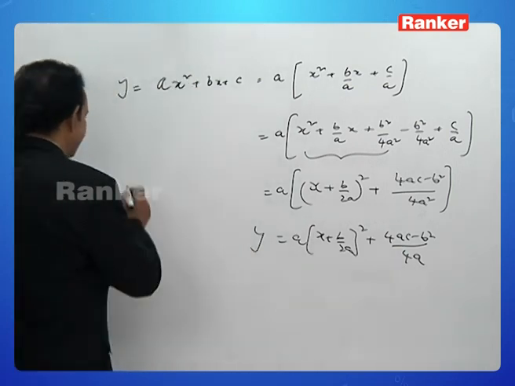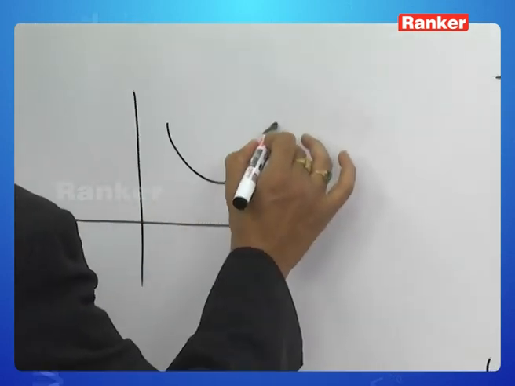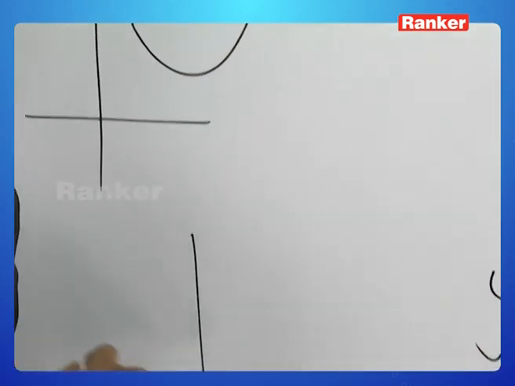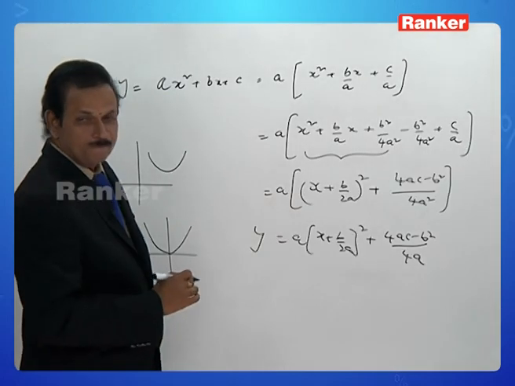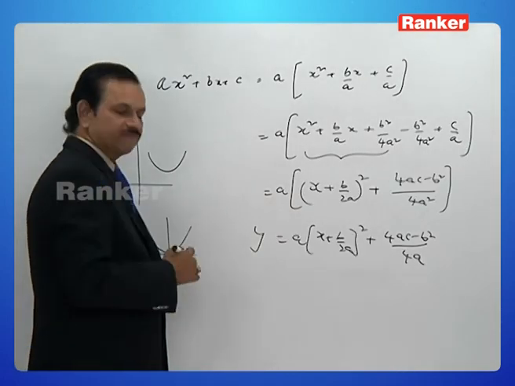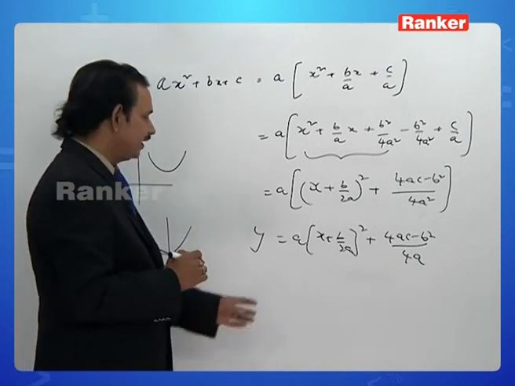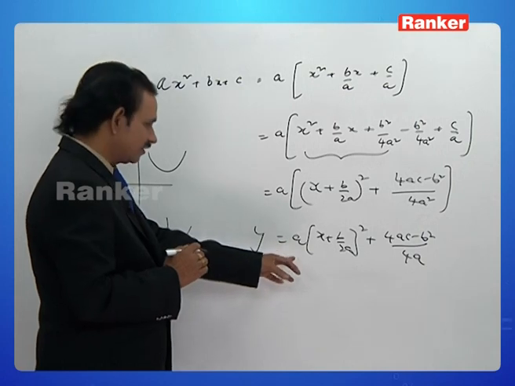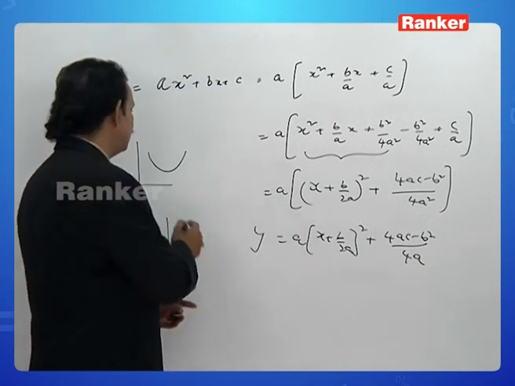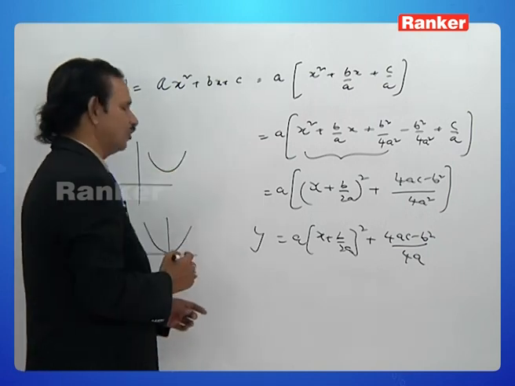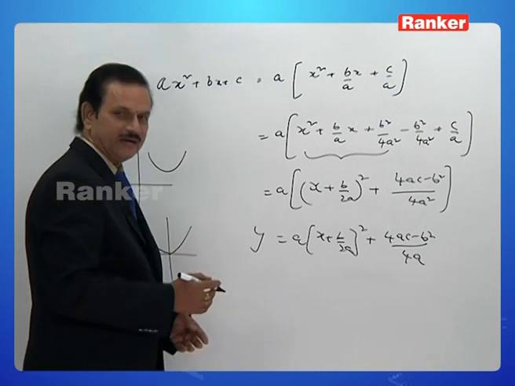So, it takes either this form or this form. And the openness of this parabola, will it be upwards or downwards? It will be represented according to the sign that can be given to a. If a is positive, the parabola will be opened upwards, and if a is negative, it will be opened downwards.